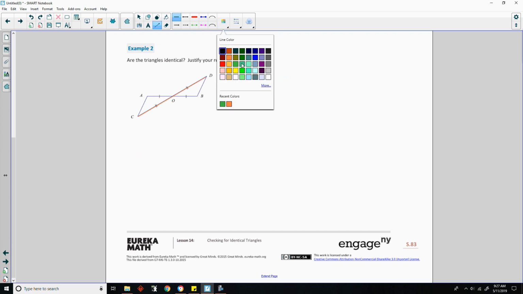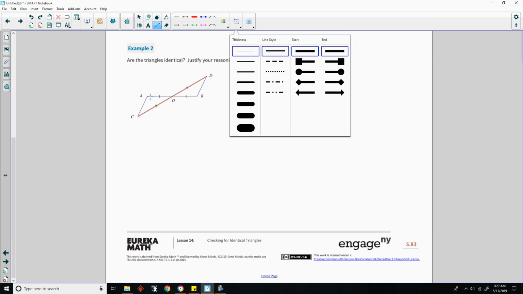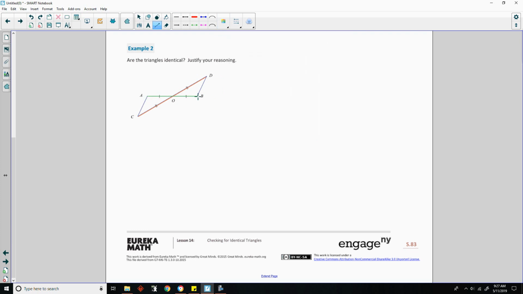And if I drew another one right here, that is a straight line. I don't want it that thick. Okay, so if those two are straight lines, then from your prior math courses, you should realize that these are vertical angles, and vertical angles are congruent.